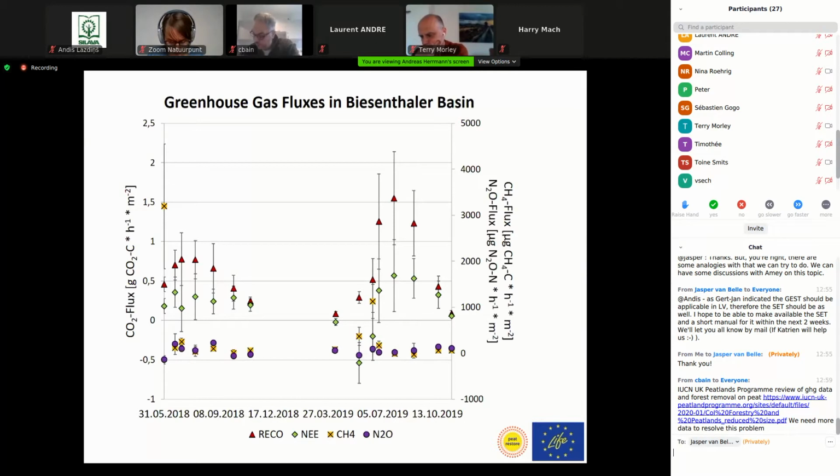It's not annual balances. It's only the measurement day. We measured under different conditions and, you see, a time course with higher respiration in summer and lower respiration in the springtime.